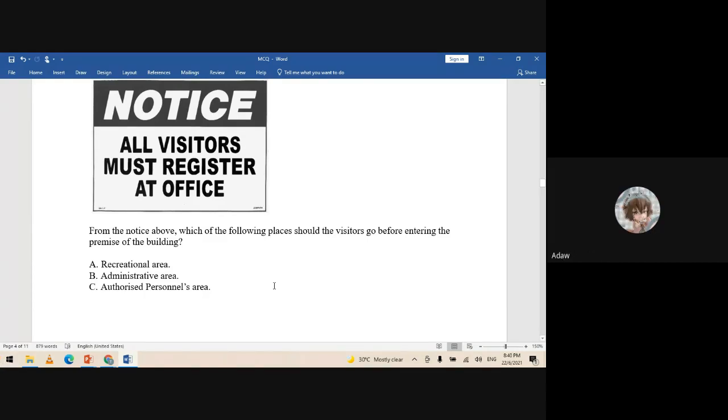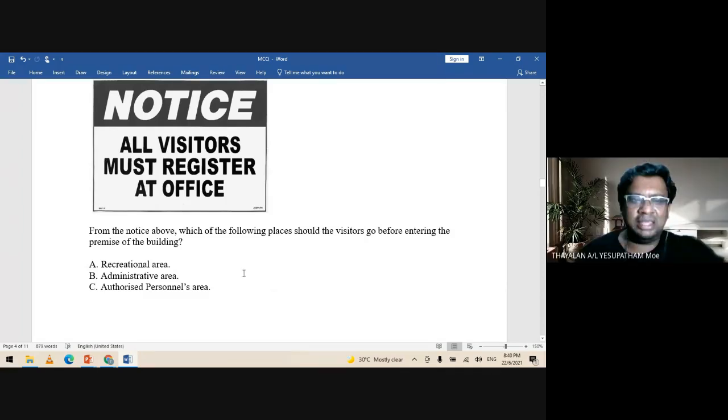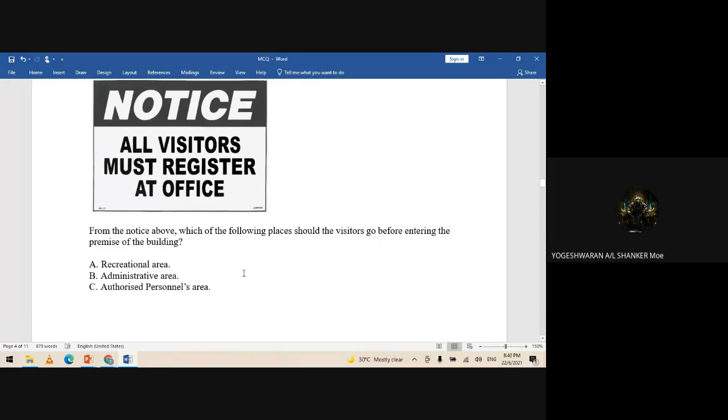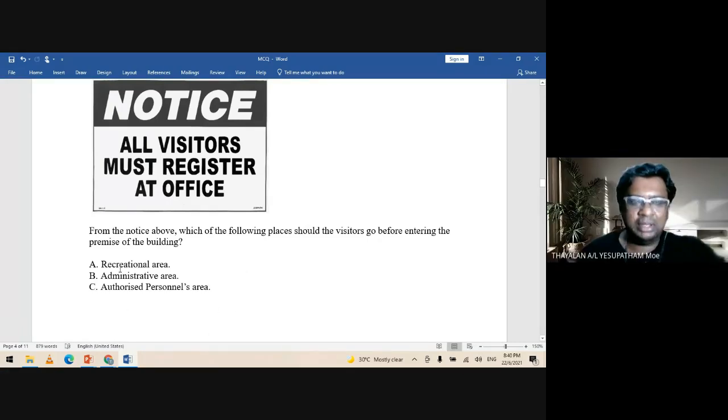The answer is B. Why B? Let's look at the question. From the notice above, which of the following places should the visitors go before entering the premise of the building? Notice: all visitors must register at office.